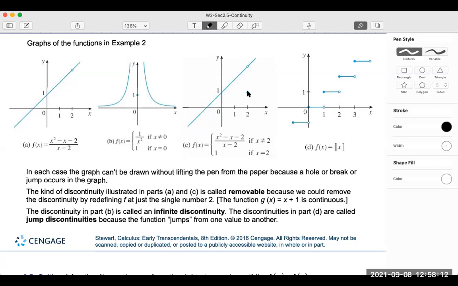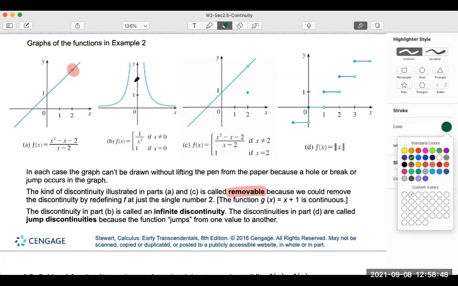Same graph, and at 2, it is defined as 1. Okay? This type of discontinuity we call removable discontinuity, because at this point, it can be removed. Removable, this point.